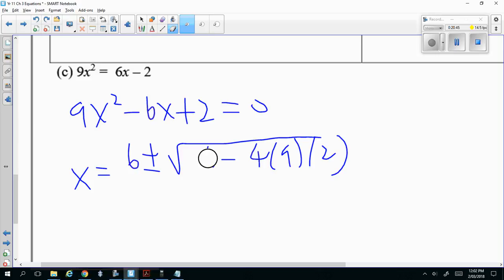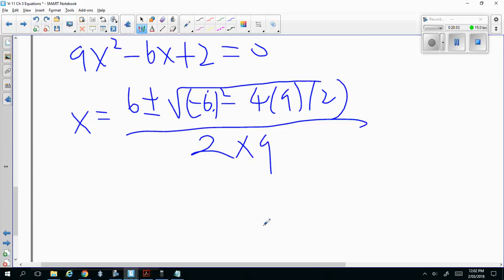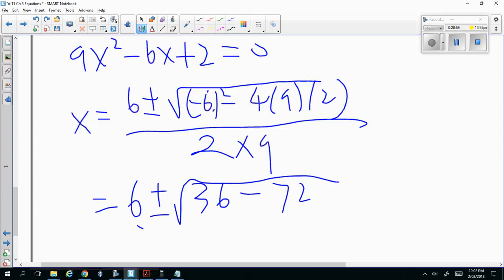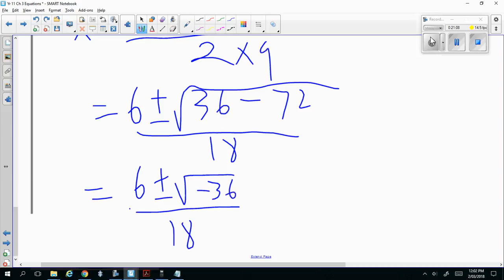And then you get 36 minus 72 over 18. And then you end up getting a square root of a negative number. And the square root of a negative number is not allowed. So we say no solution because you cannot square root a negative. No solution.